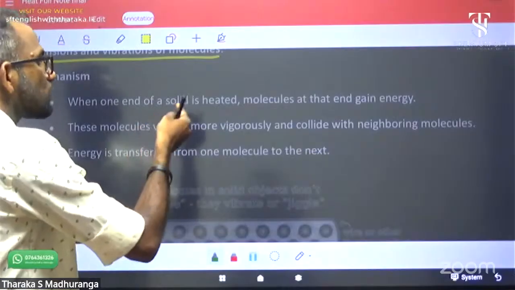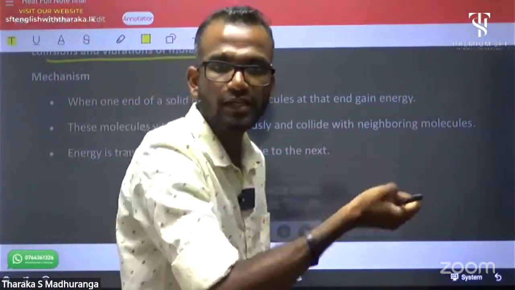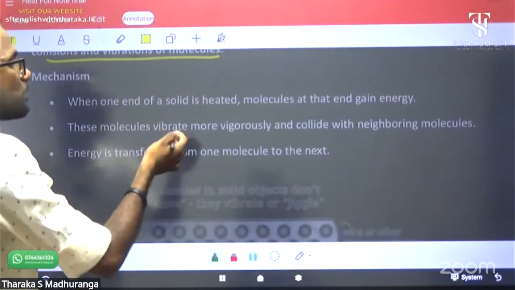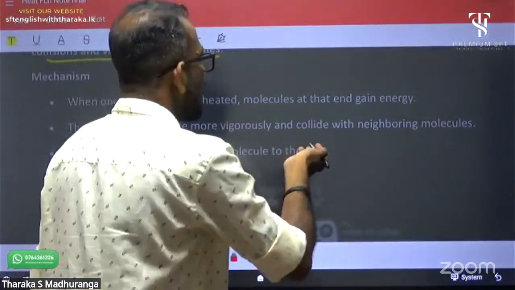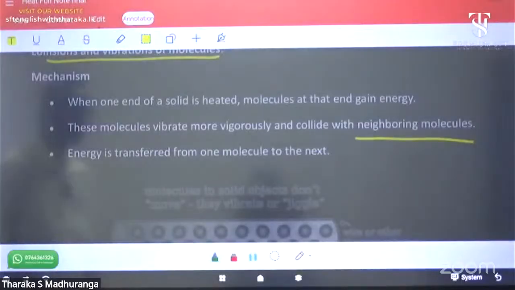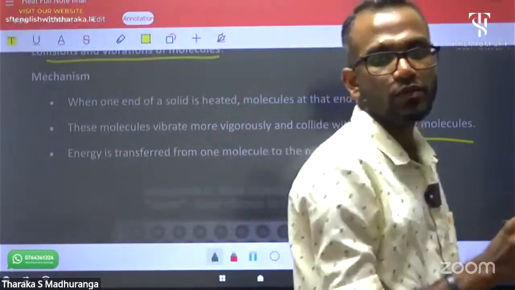When one end of a solid is heated, molecules at that end gain energy. Heat energy is absorbed by these molecules, and they vibrate more vigorously and collide with nearest molecules. Energy is transferred from one molecule to the next molecule.